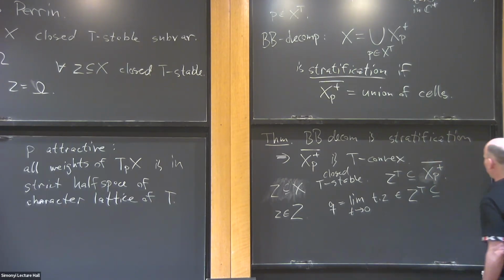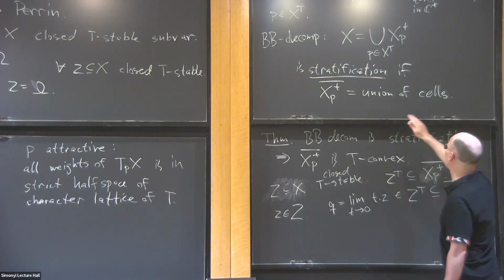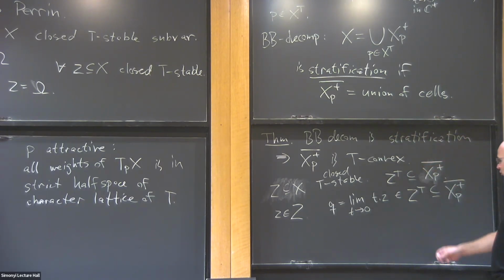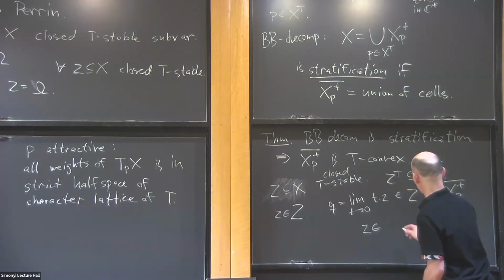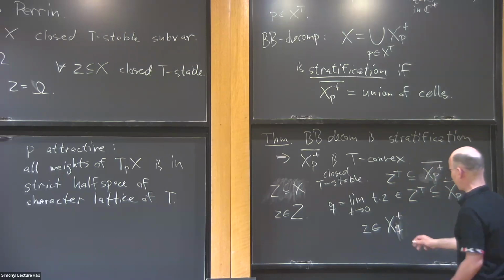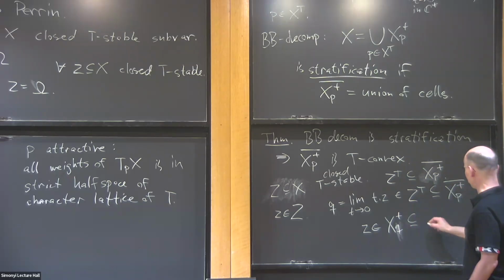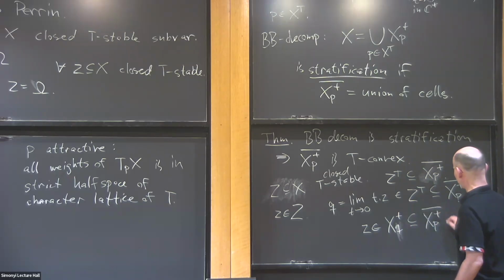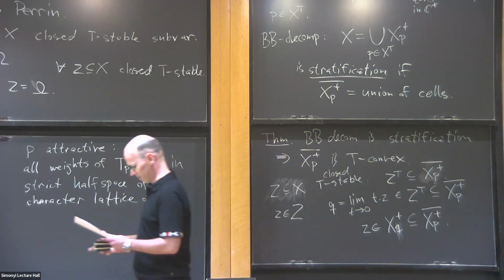So this is contained in the cell closure, and because we have a stratification, it's a union of cells. Since it contains some Q, it will have to contain the whole cell for Q. Yeah, so that's another simple argument.